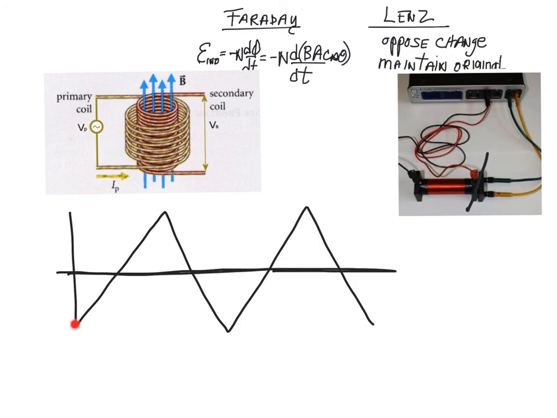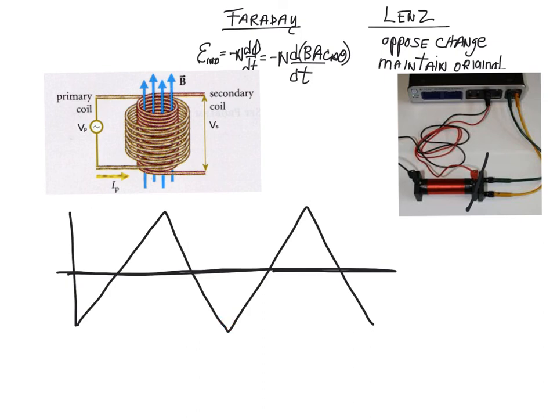And the minimum value would be this, and the maximum value would be that, and it passes through 0 here. And so by using the maximum value of the voltage, you get the maximum value of the current and the maximum value of the field. And since the voltage does this, the current's going to do this, the field is going to do this.